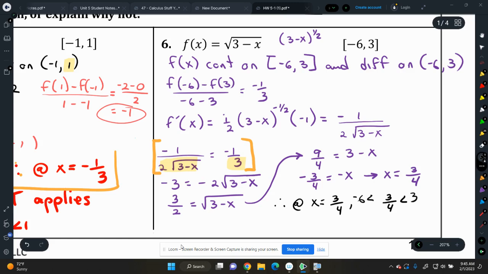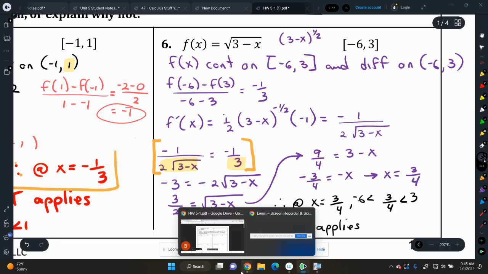Therefore, at x equals 3/4, the mean value theorem applies. The mean value theorem we can abbreviate as MVT, because the abbreviation is almost always used. You're going to see it all the time. I'm not going to continue going through all of them.